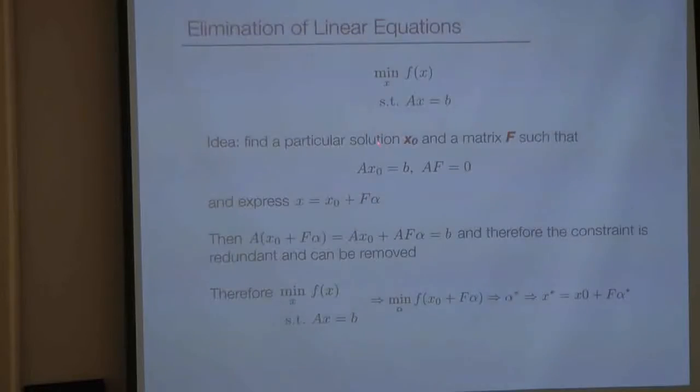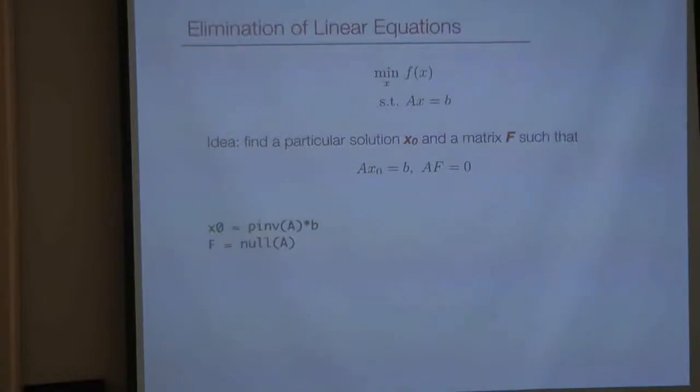Essentially, all we need to do is to find out this particular solution, x0, and this null space of the matrix A. And if we have the particular solution and if we have the null space, then we can solve the problem very easily. So in MATLAB, this is how you do that.